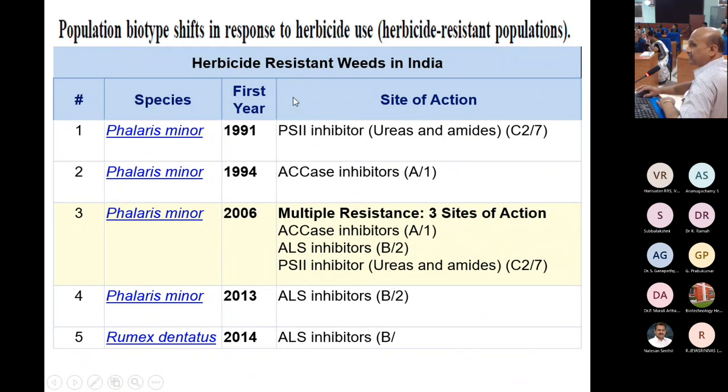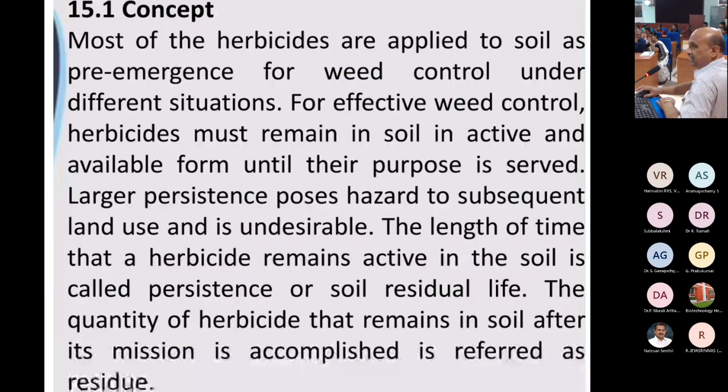Take for example, in wheat, Phalaris minor has developed multiple resistance to the herbicides used. The most important point is that herbicides have long persistence in soil. Some herbicides do not undergo degradation, so they are retained in soil for a longer period.